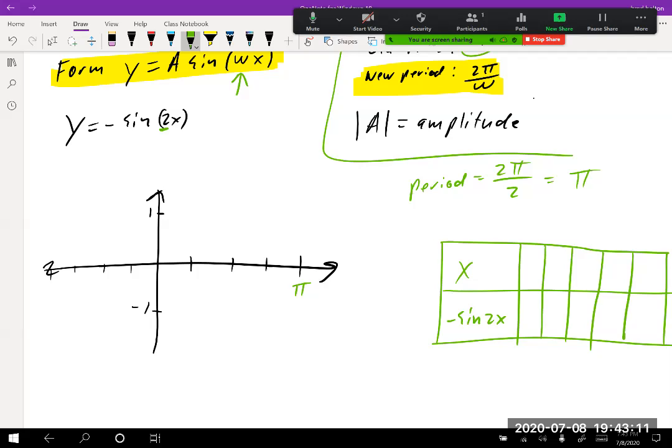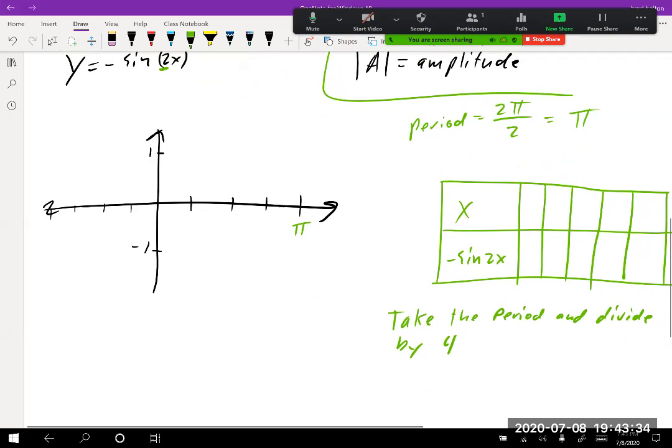All right. So there's a couple ways you can do this. The main way that I like to go is, how do we know what values to pick? Well, what you should always do is take your period and divide by 4. So this means that we would have pi over 4.